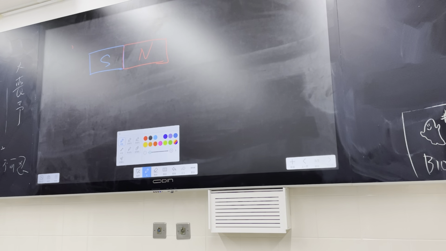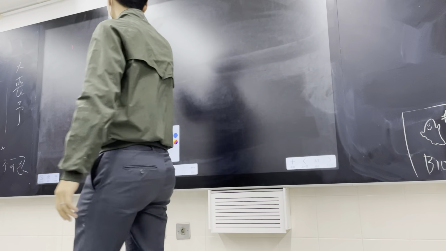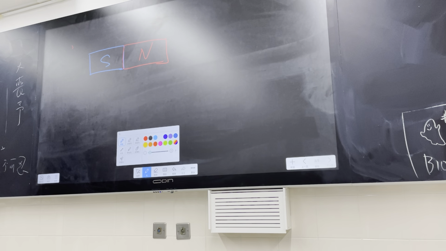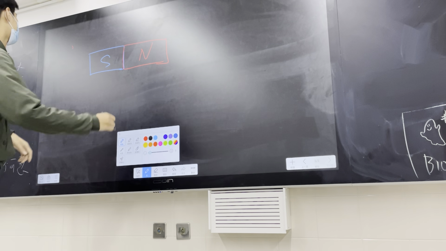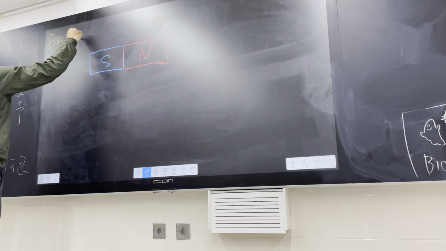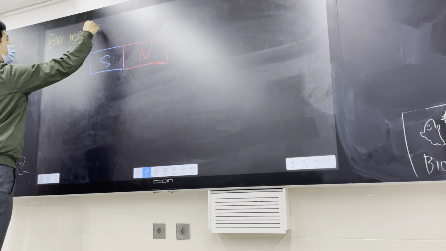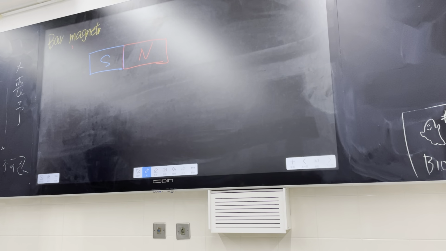It's a bit different from the charges, because they are not separated. In this case, the two poles are attached to the same bar, so we call this a bar magnet. How do you draw the magnetic field lines around this bar magnet? If I give you a compass, then what can you do?